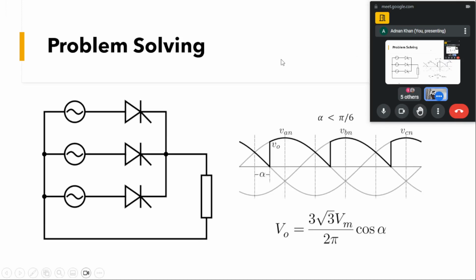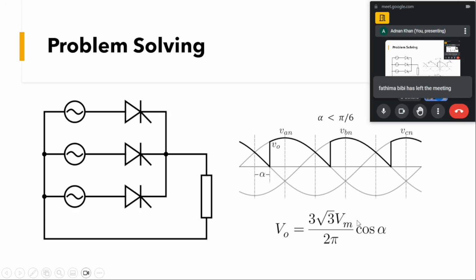Now let us first see, if alpha is less than pi by 6 or 30 degrees, then for any kind of load, like an RL load, the thyristors won't start conducting from this point, they will start conducting from alpha, and the output voltage will trace this waveform. Similarly B will start conducting from this point and C accordingly.